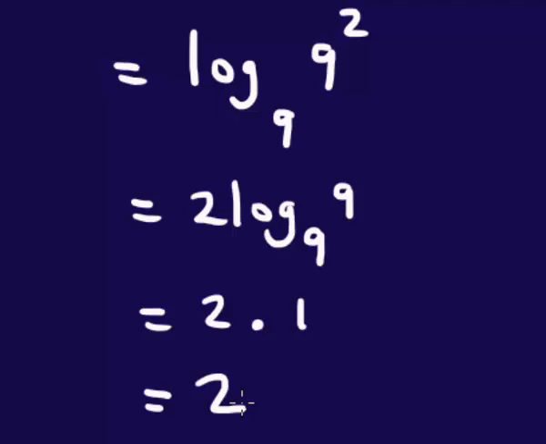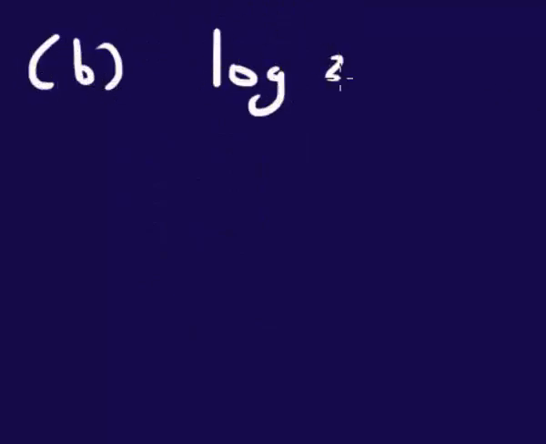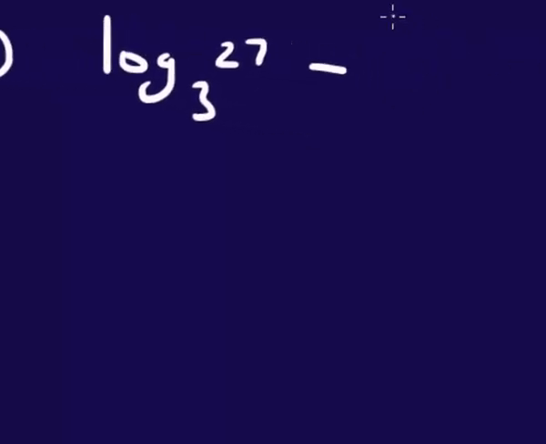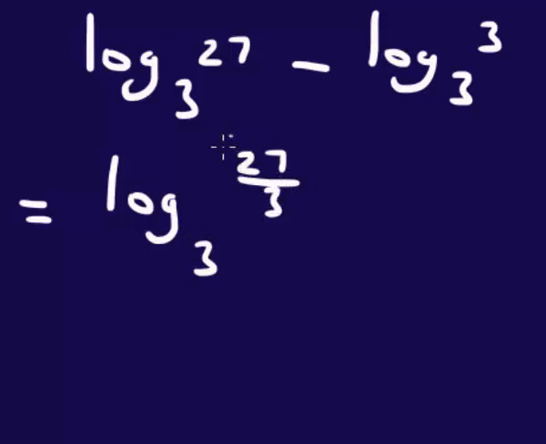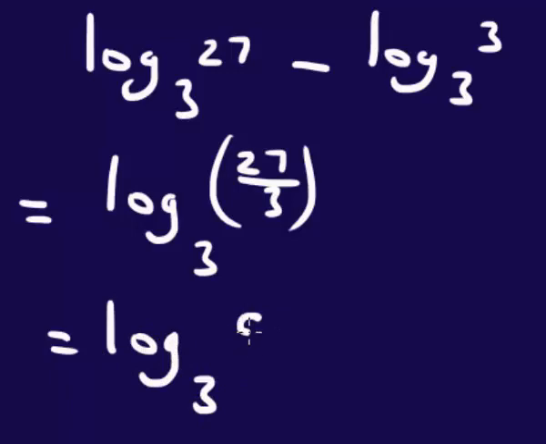I wouldn't get too stressed with them, but they might be worthwhile knowing at times. Have a look at another one quickly. Example B: if I said to you the log of 27 to base 3 subtract the log of 3 to base 3, because the bases are the same and we're subtracting, we can write log base 3 and divide the 27 and the 3, which gives me log to base 3 of 9. 27 over 3 is 9.